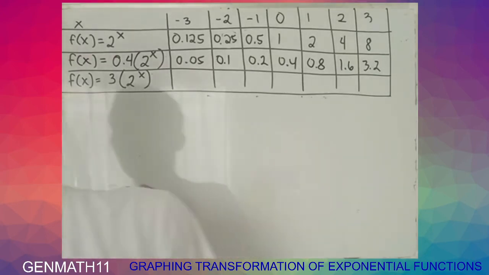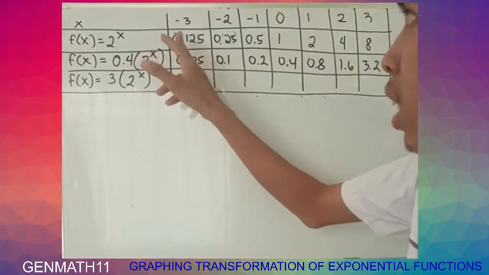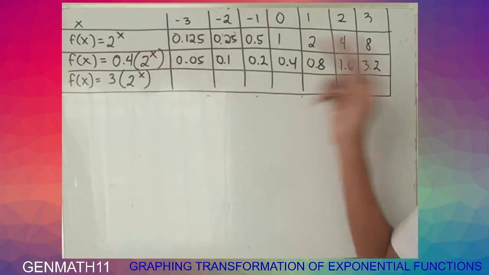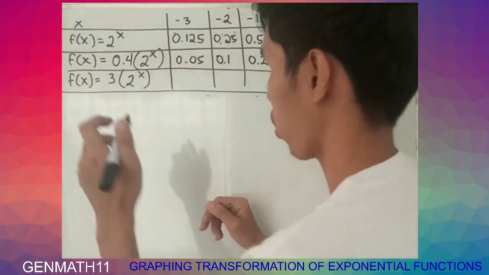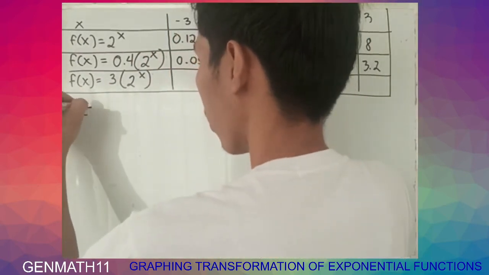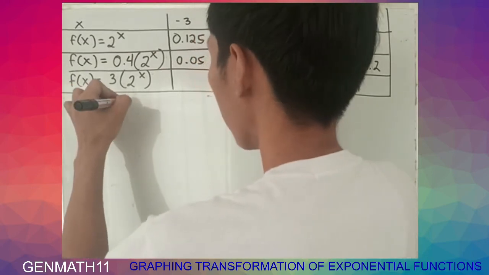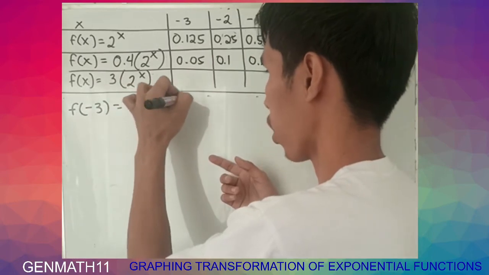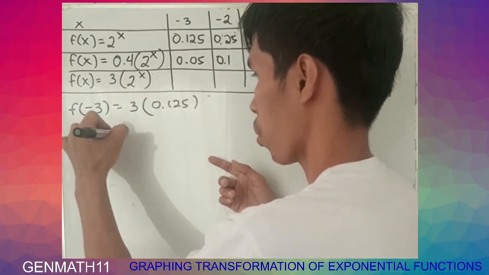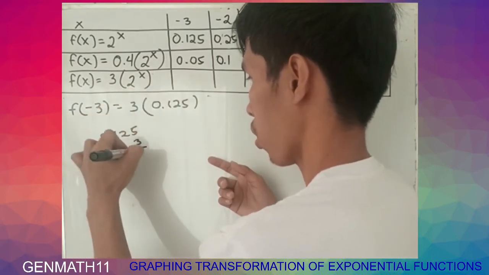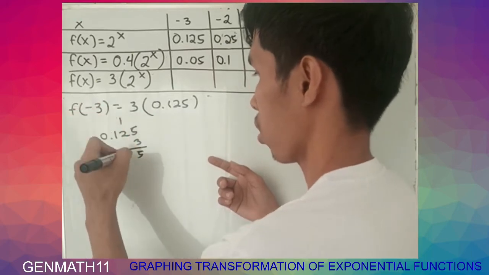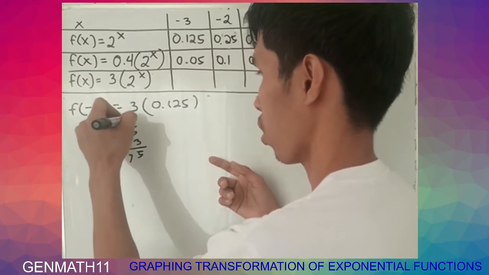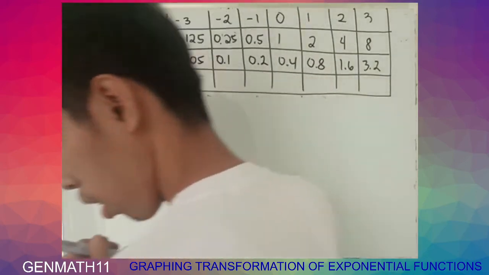Okay, next. Ganun pa rin, itatimes lang natin yung value ng y dito sa a natin. So, sa 3 naman tayo. Ganun pa din. Negative 3. Then, 3 times 0.125 is 0.375.